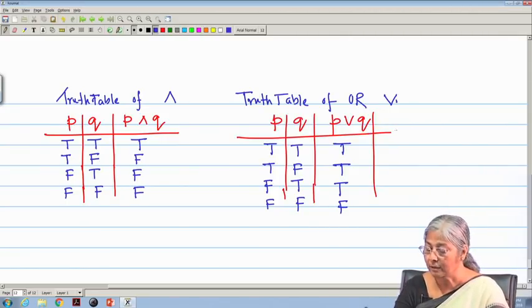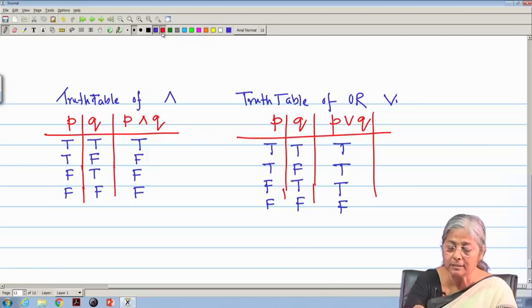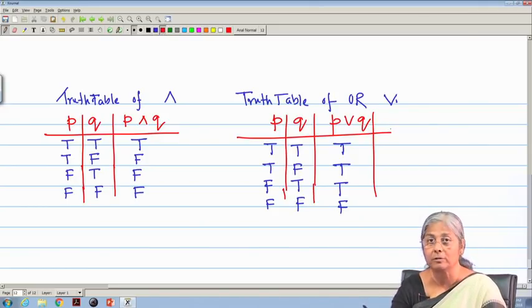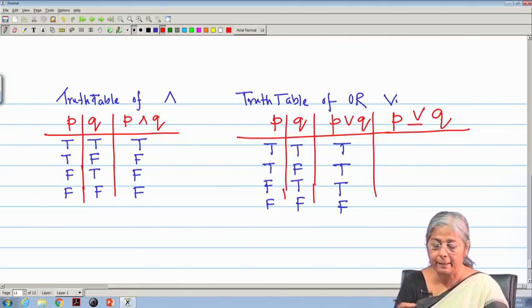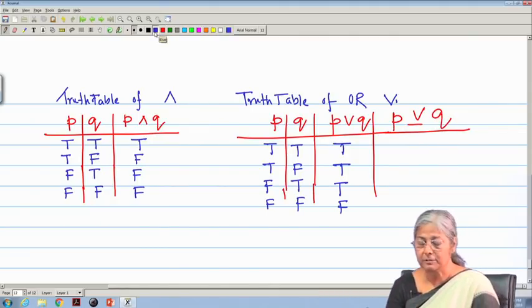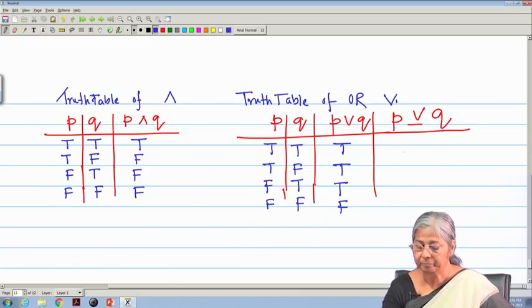Now, there is something called exclusive OR, which we normally denote by this symbol. We can write: if both are true, then it is false.